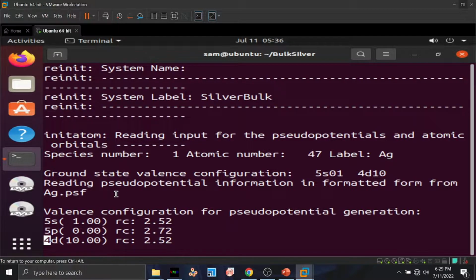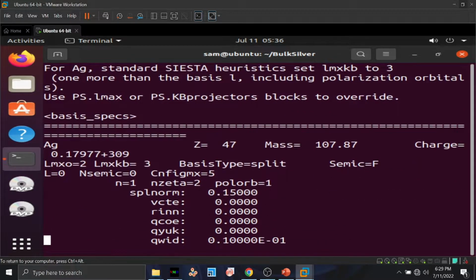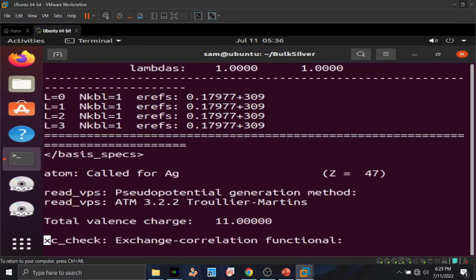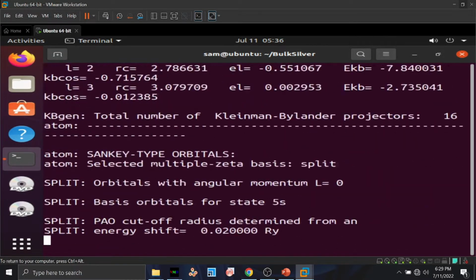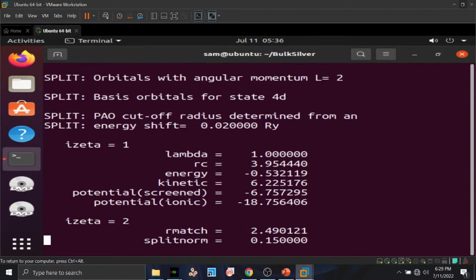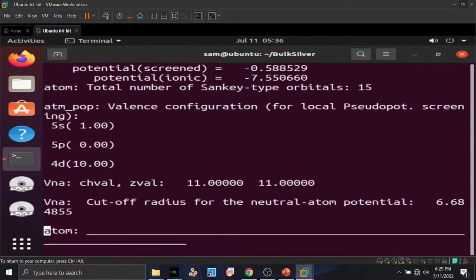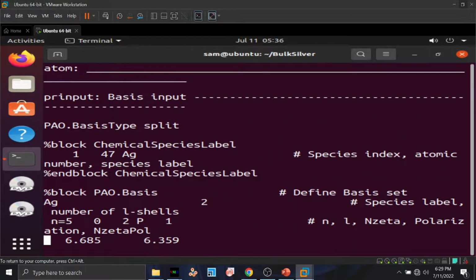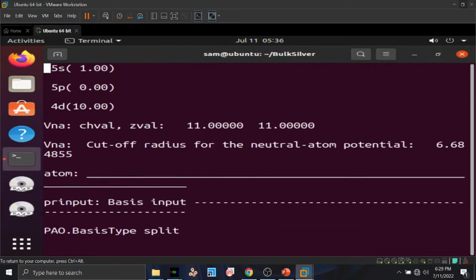So when it reads the input data file, after that it gives us the summary of the input file, showing what kind of information we are looking for.